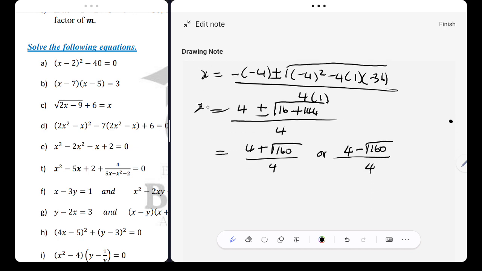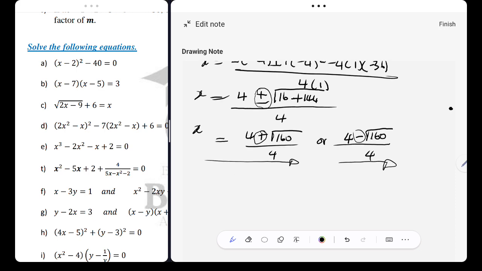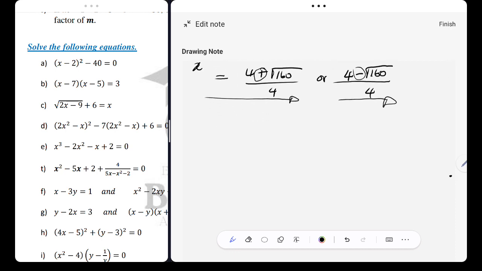Then I'll get my 2 solutions rounded off to 2 decimal places. Alright, together. I used plus and minus because this thing here is for plus or minus. But please don't leave your answers like this. Whenever you're writing your exam or test, just punch your calculator and round them off to 2 decimal places.